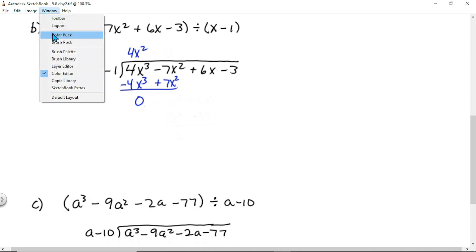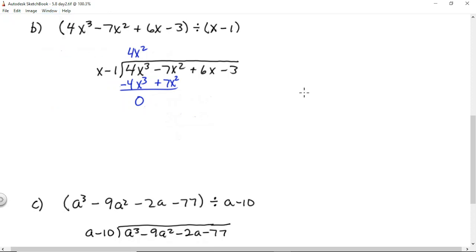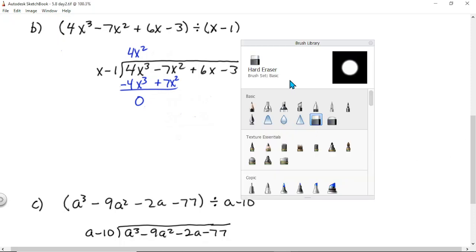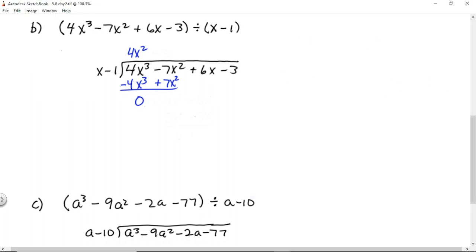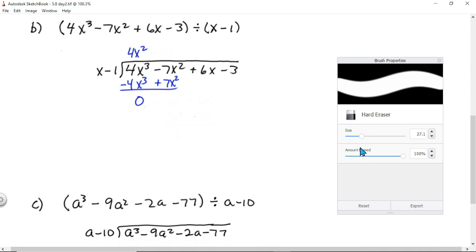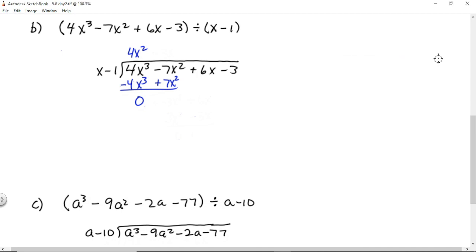Gotta get my eraser. Okay, so this is what's wrong.